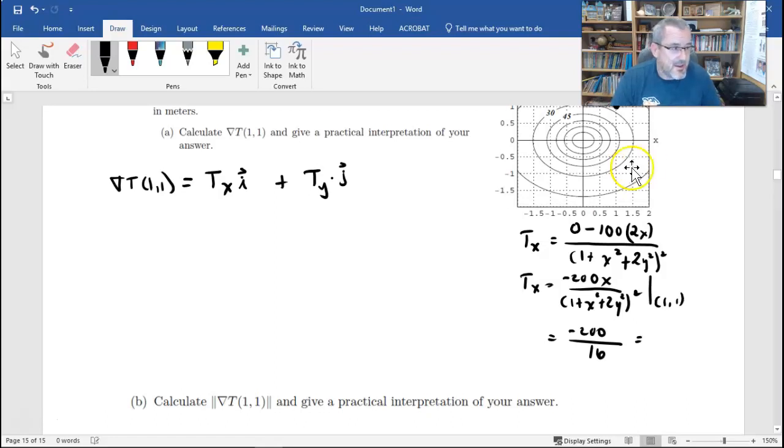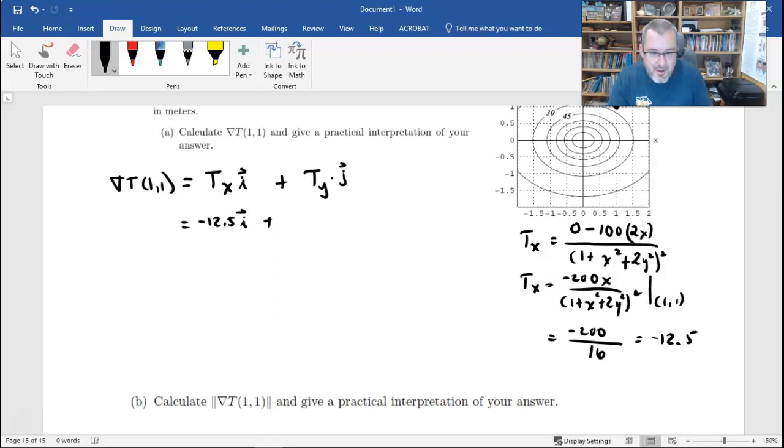So this comes out to be negative 200 over 16. Now I'm sure you can all plug and chug and simplify that, but 200 sixteenths simplifies to 12.5. All right, so far we've got negative 12.5 i.